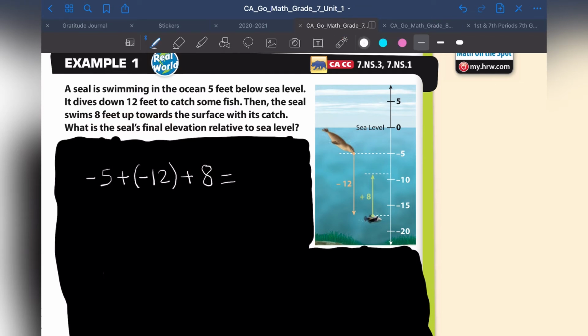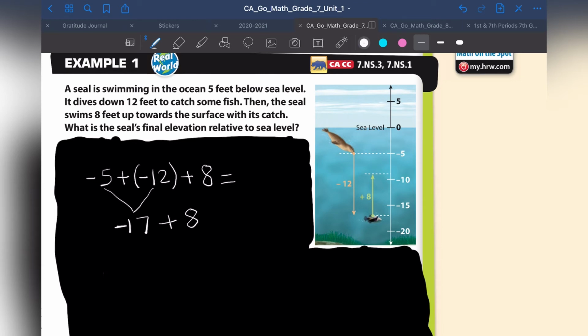Okay, so we just add them. 5 plus 12 is 17. It's negative because 12 is the largest number and is negative. Now we add the 8.